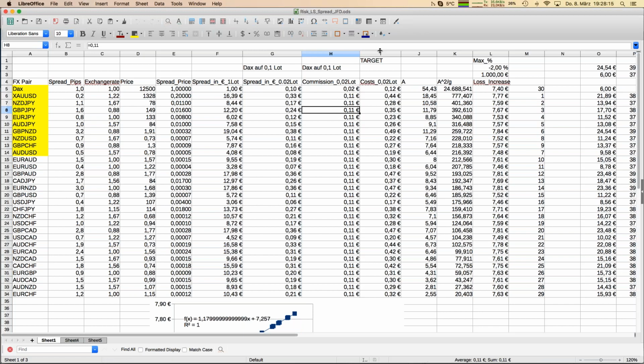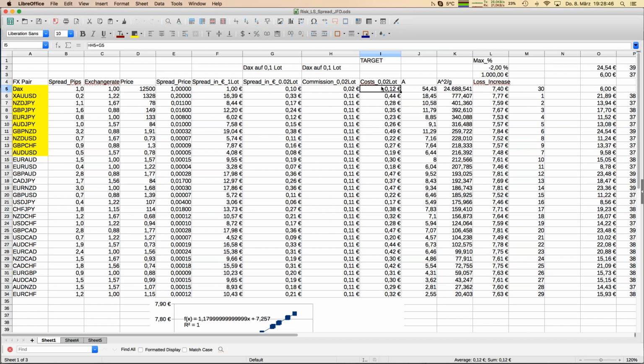That means we can add up those 2 columns, and then we have our costs for the applied lot size. Forex 0.02, gold is the same, 0.02 lot, and DAX is 0.1 lot. And you see different numbers here. It's always spread plus commission. Commission is 0.11 euro for all those, because we trade 0.02 lot, and those are our costs per trade.